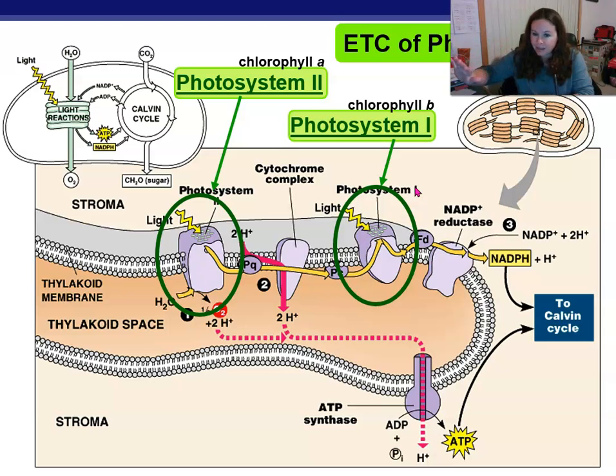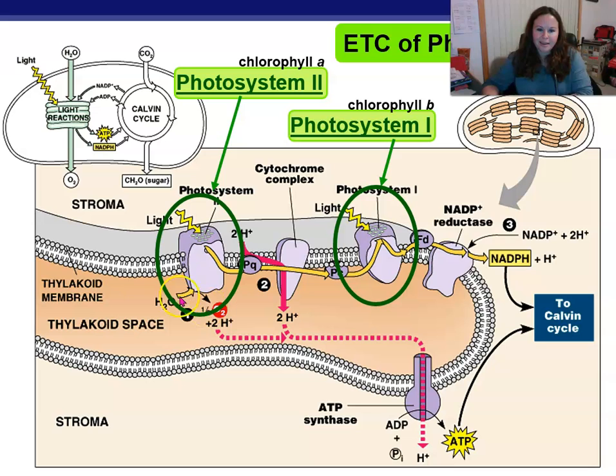It happens second. It was discovered first, but happened second. There's another little satellite dish of chlorophyll. The light hits it, electrons bounce up. And then again we have to move them along an electron transport chain. And there's our carrier there. NADP is going to grab onto the H's and become NADPH. It's going to carry that to the Calvin cycle, because we need H's in order to make glucose.